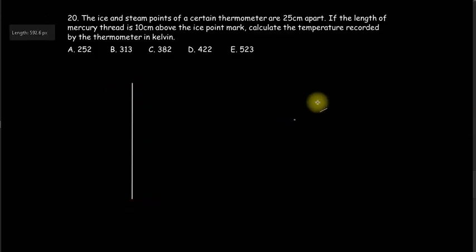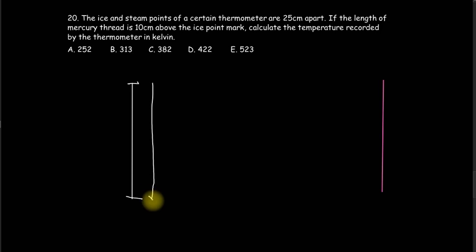So we're talking about ice and steam points, right? 25 cm apart. So the distance from the ice point to the steam point is 25 cm. If the length of the mercury thread is 10 cm above the ice point mark.